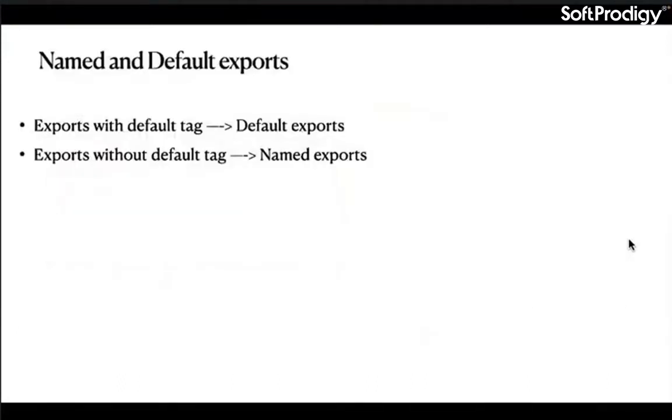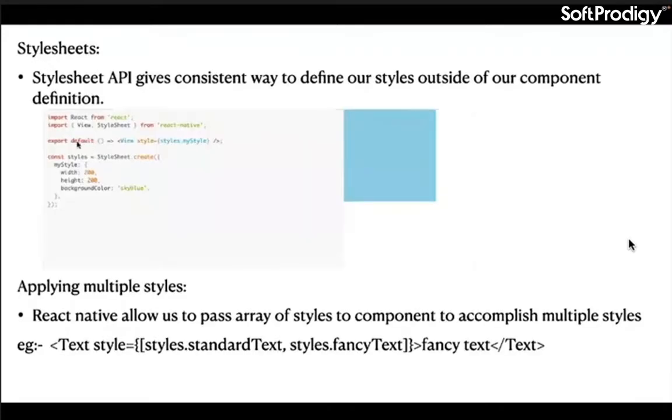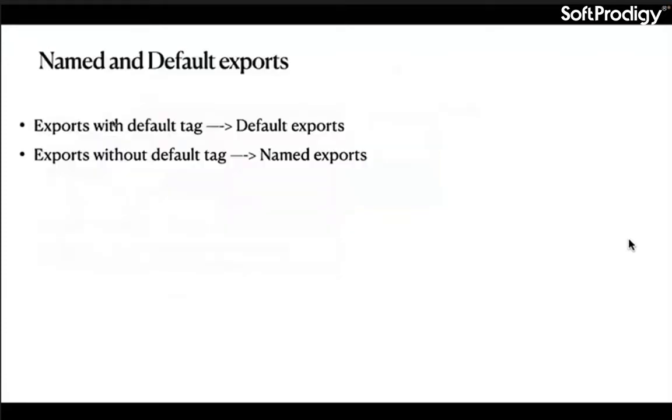Then I'm moving to named and default exports. If you see here, you saw default. So what does that mean? Exports with the default tag are default exports, and exports without the default tag are named exports. Is that the only difference?